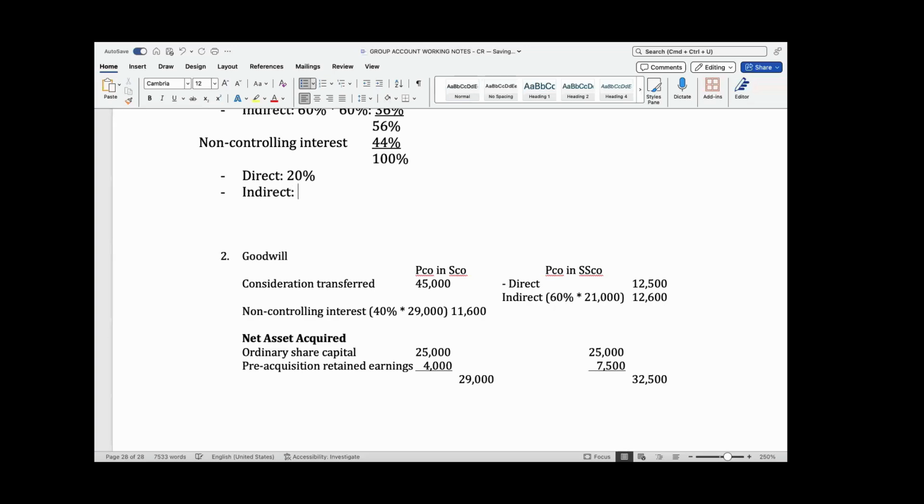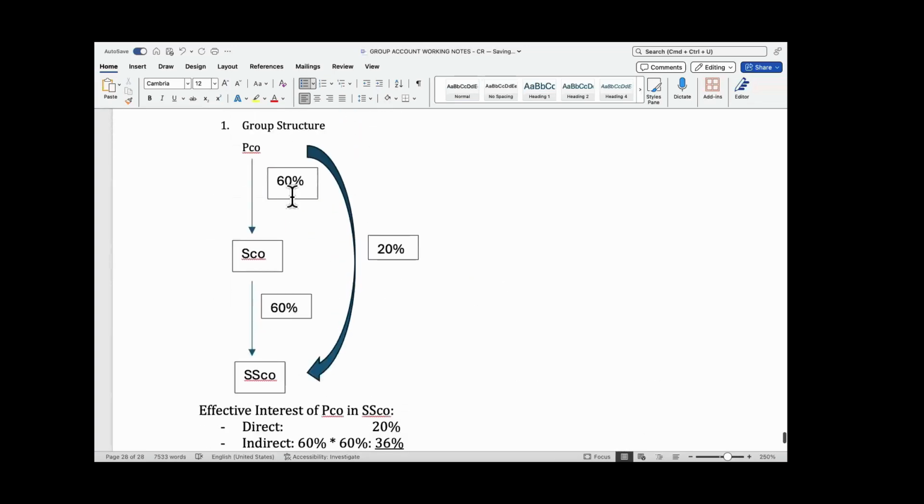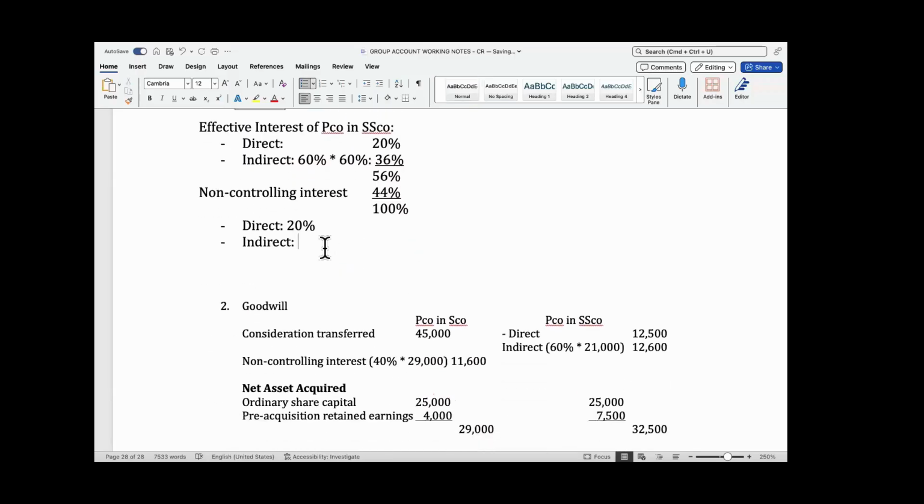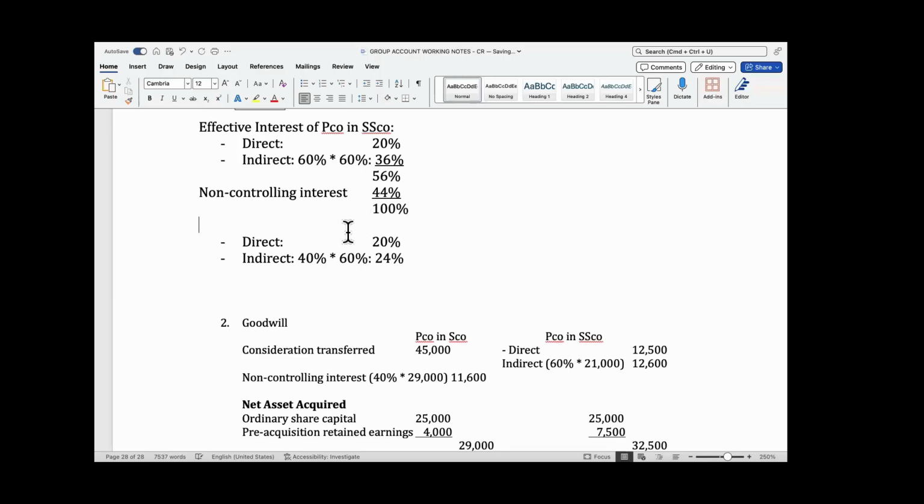The indirect is as a result of his holding in ESCO, and he has 40% in ESCO. So 40% of whatever ESCO has, which is 60%, that's 24%. So if you add 24 plus 20, it gives you 44%.